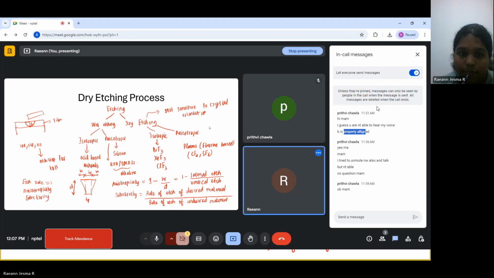What is the condition for isotropicity first? Then, if your etch profile is isotropic, how much will be your lateral etch, or how much will your vertical etch be?